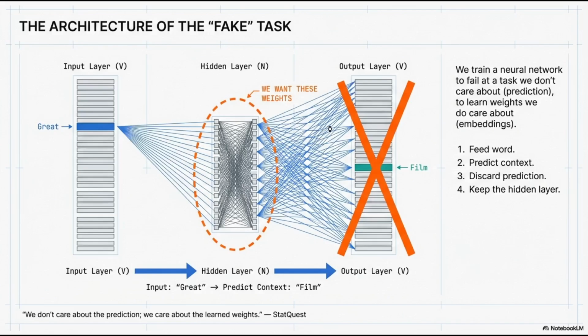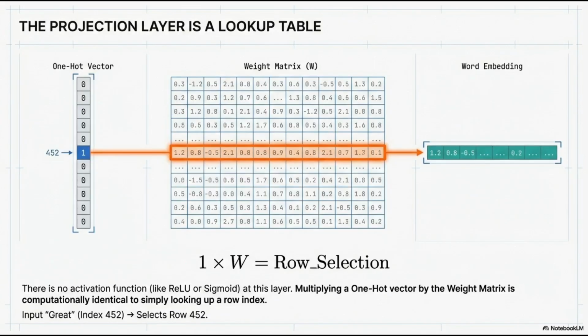Okay, let's now trace the data. Our input is a one-hot vector. It's a list of zeros with a single one at the index of great. We saw this in the previous video. We multiply this vector by our weight matrix, W. Now, here is the most critical mathematical detail that most beginners miss.